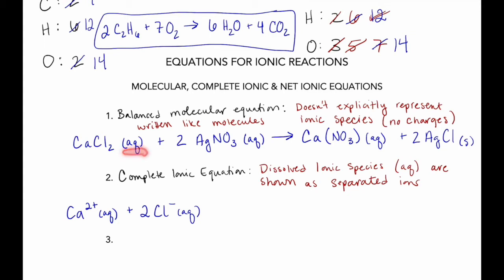In an aqueous substance, where this is showing the number of ions, that subscript becomes a coefficient down here. And then I add that to 2 silver ions. Silver is a 1+. And we have nitrate, which is a polyatomic, so that stays together as its own ion. I've got 2 of those also, right? So if I have 2 silver nitrate, that means I have 2 silver and 2 nitrate.